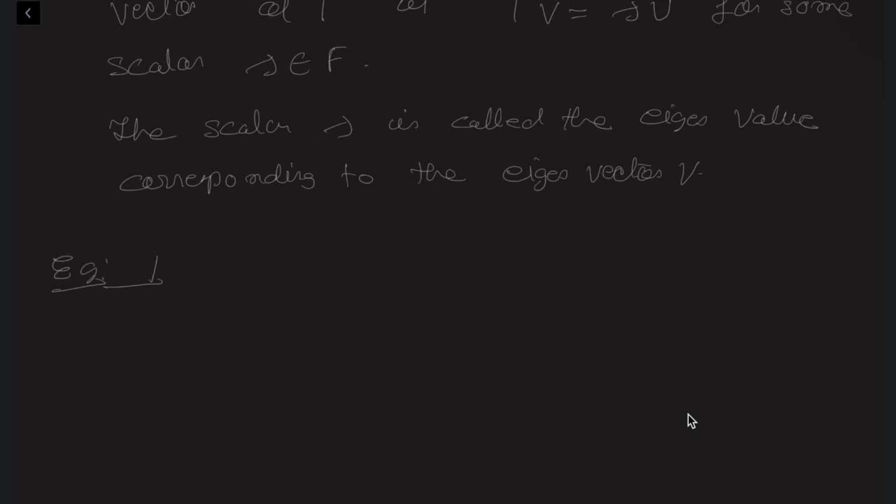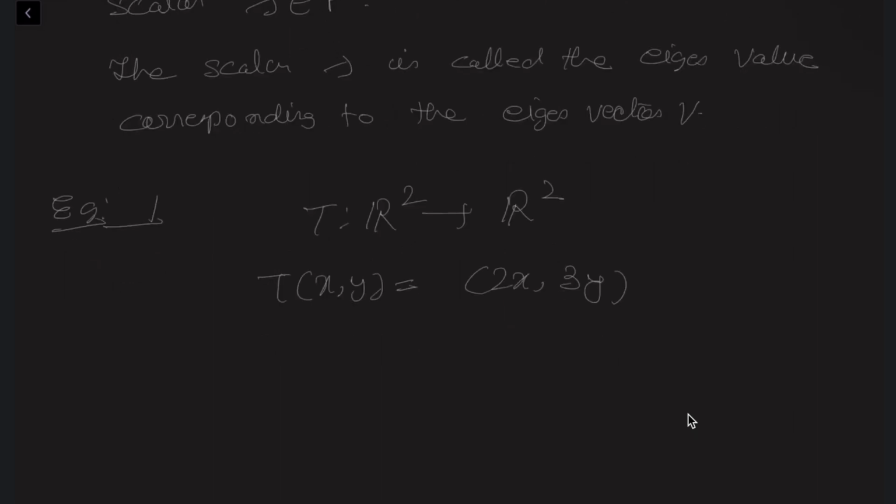We'll start with an easy example. Let T be an operator from R2 to R2, where T of (x, y) equals (2x, 3y). Now let me take two vectors, v1 which is (1, 0), that belongs to R2, and v2 which is (0, 1), which is also in R2.